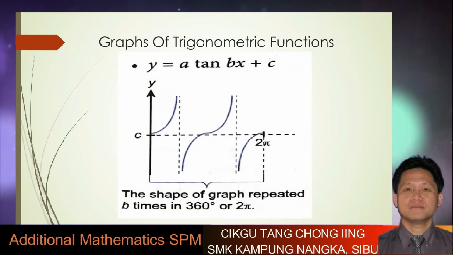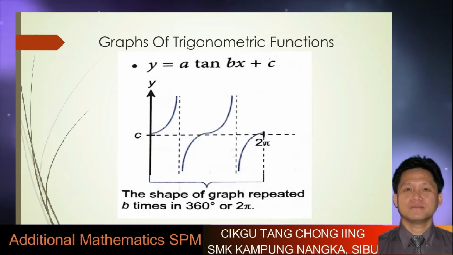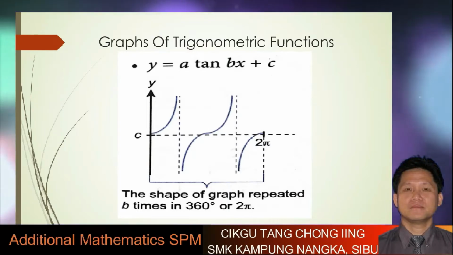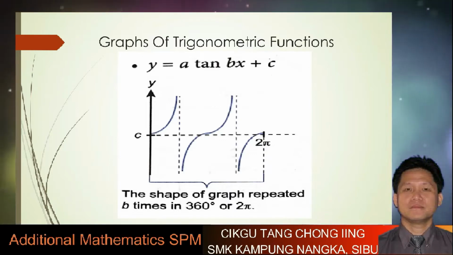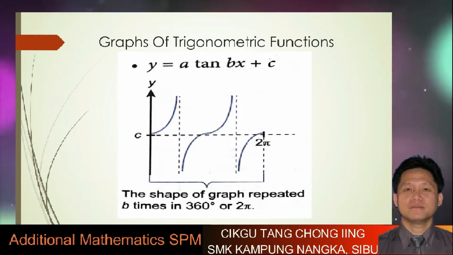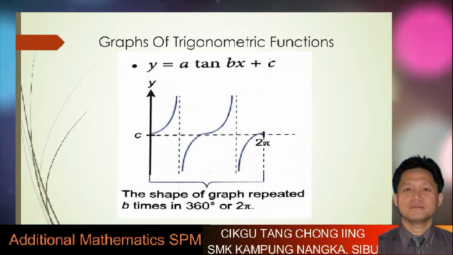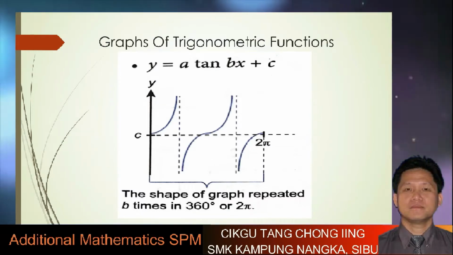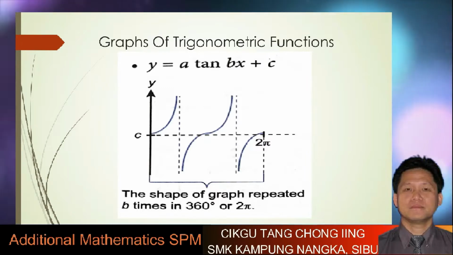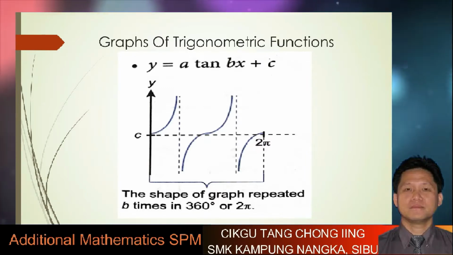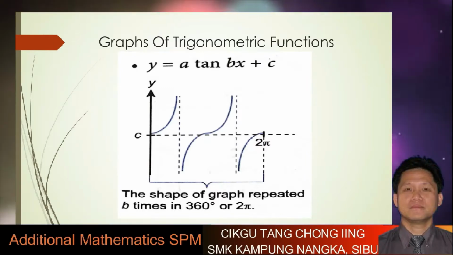Now this is y equals A tangent bx plus C. Now for the tangent graph, the changes in the value of A do not have significant impact on the graph because there is no maximum or minimum for the tangent graph.